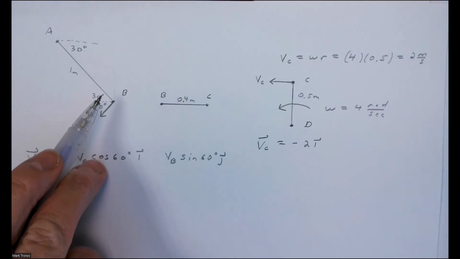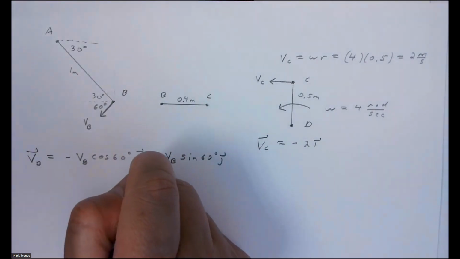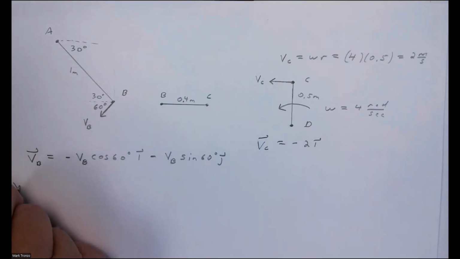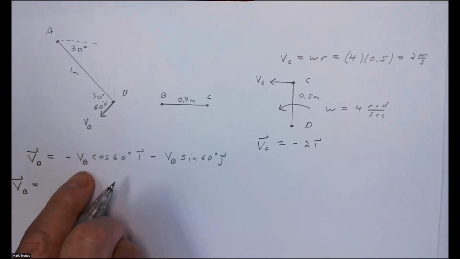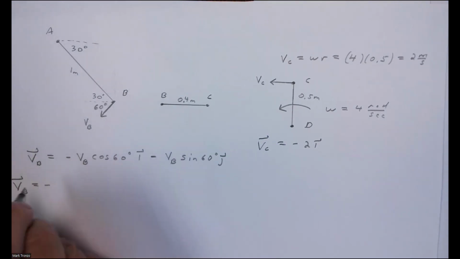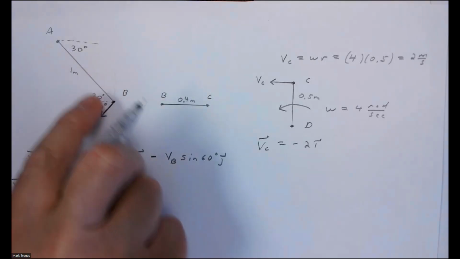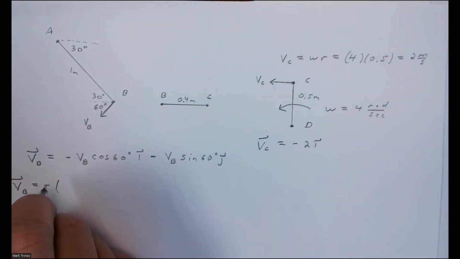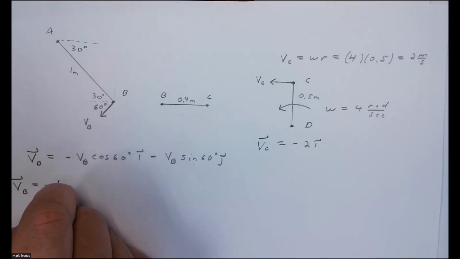And once again, it's going in the negative y direction, like this. And again, just as before, whatever this angular velocity is, VB is going to have to be omega r.